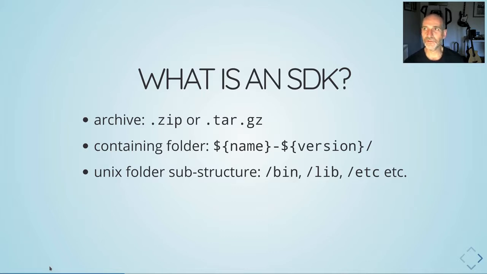So you would see all the regular ones like bin, lib, etc. Bin is the mandatory one because that contains the executable scripts that we want to add to our path. The others are optional. So you'll see a mix of the familiar kind of folders you would see on a Unix file system inside there.